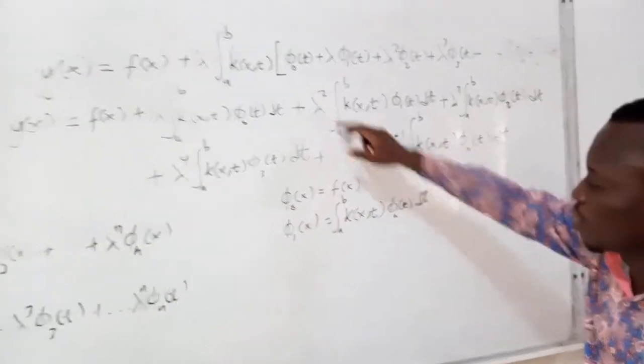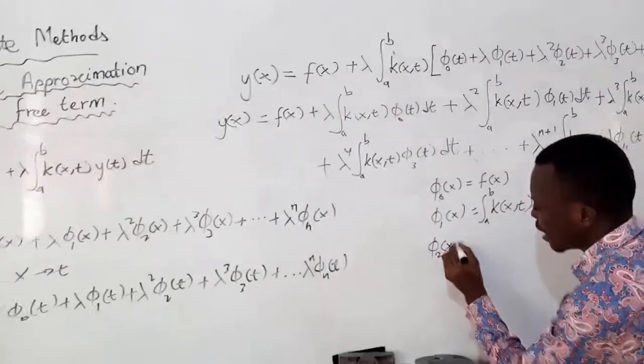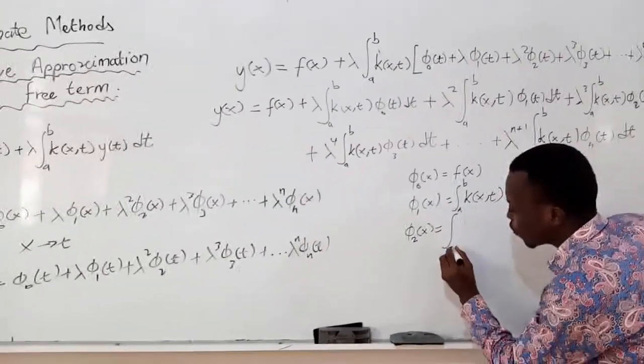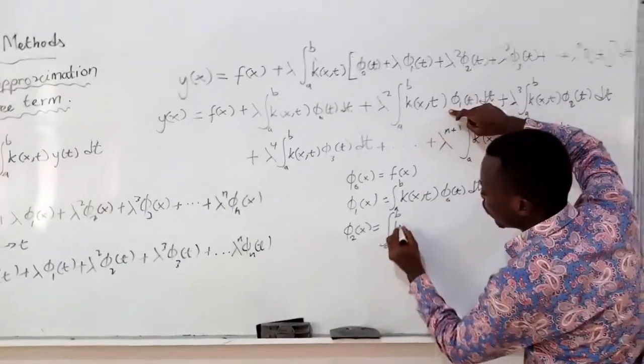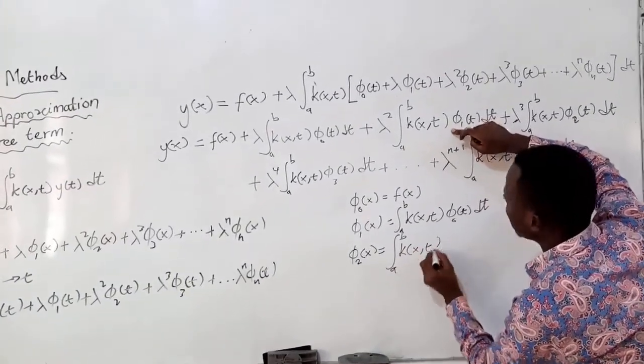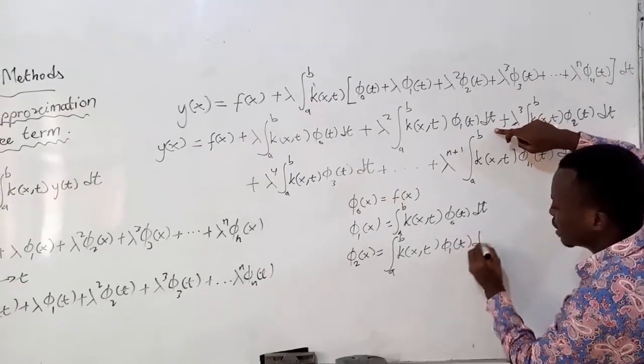The next term, lambda raised to the power 2. Then comparing to this side, I'm going to have phi 2 of s equal to integral from a to b of K of s,t, phi 1 of t dt.